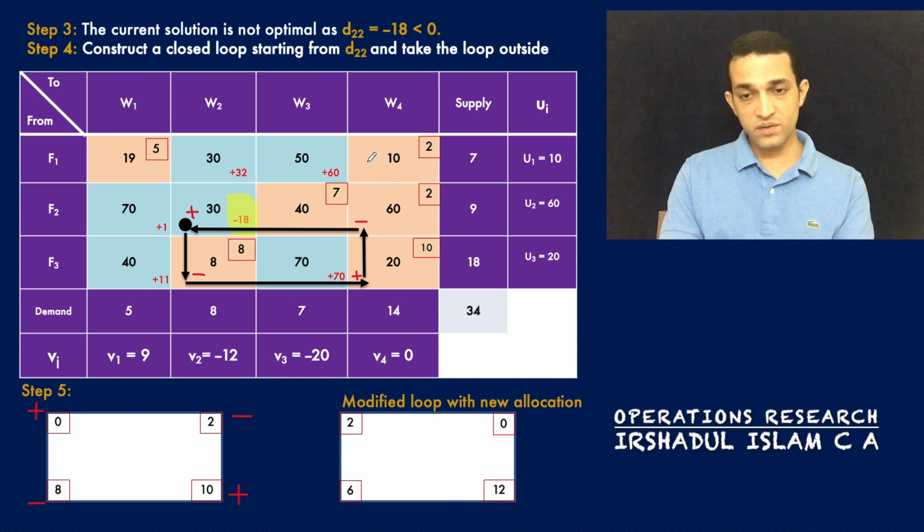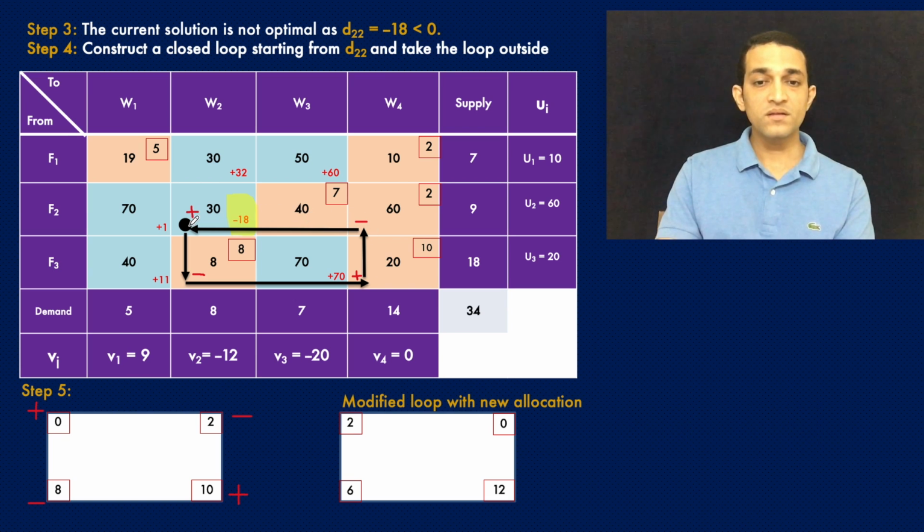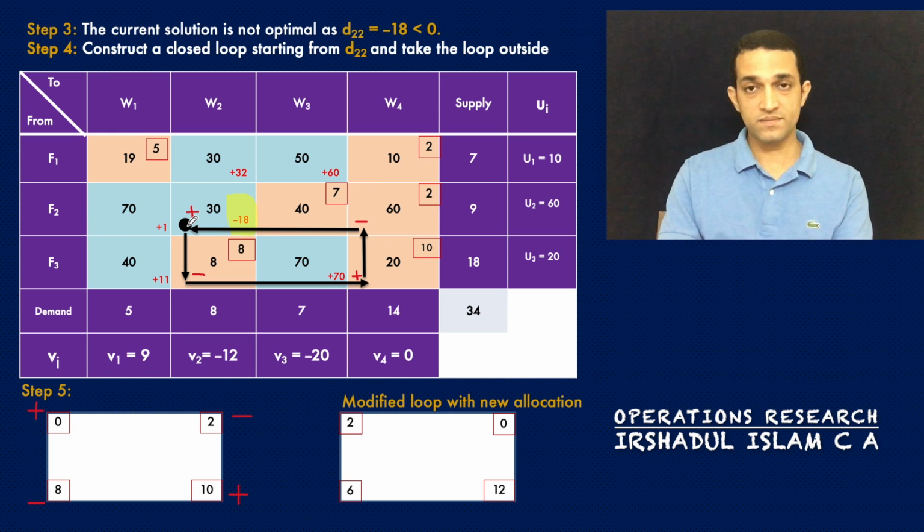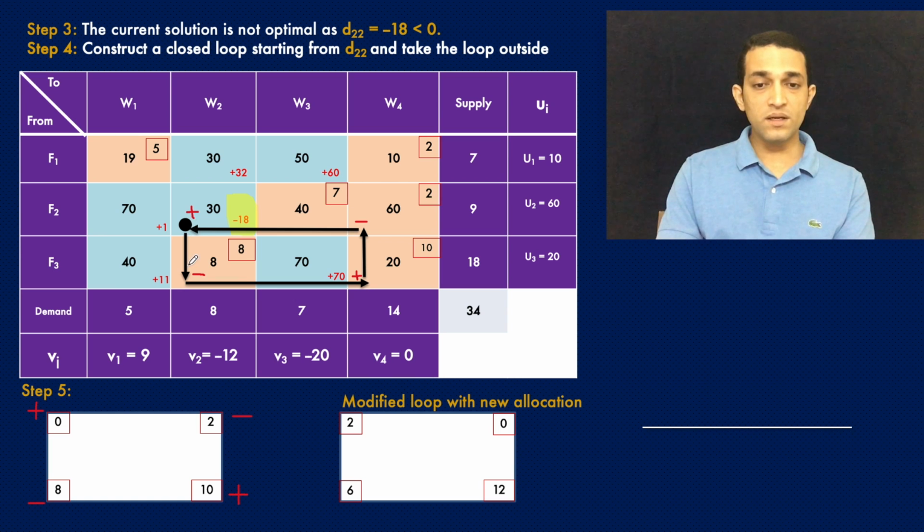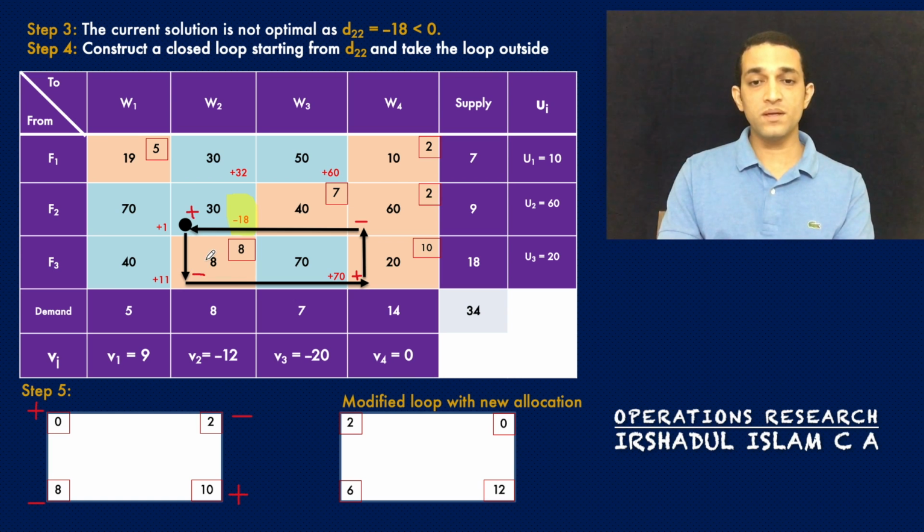You can go here, but again it will not come back, so for that reason we turn from this cell back to the starting point. So we complete a loop like this, and at each turning point we have to put positive and negative symbols alternately. We started with a positive sign here, so at the next turning it should be negative, at the next positive, and at the next negative.